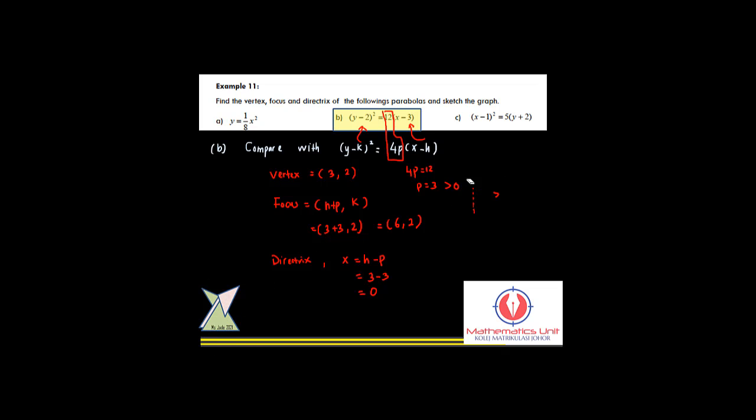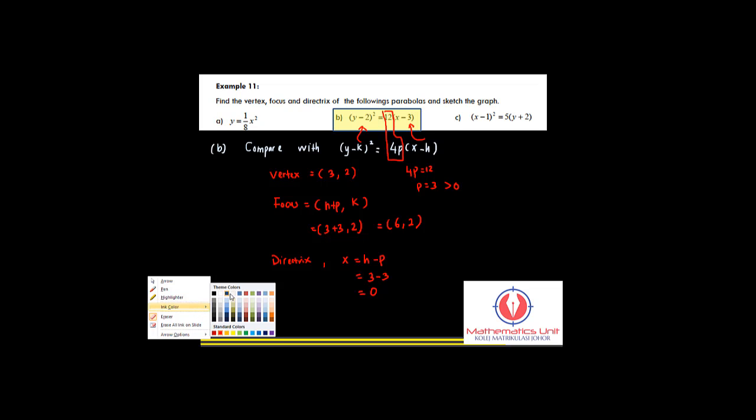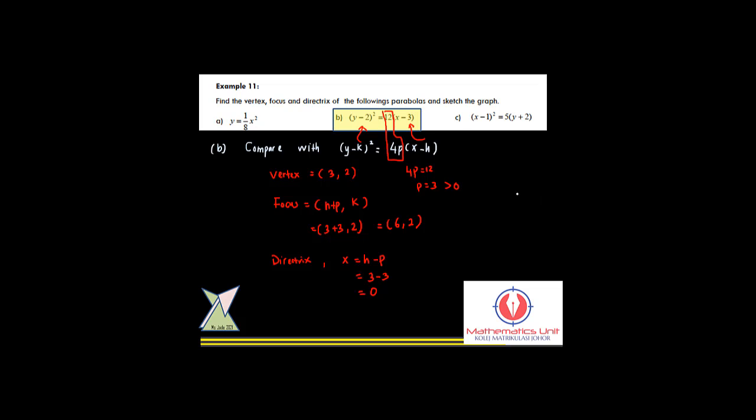Okay, so just now this is just a draft. Firstly, for sure, it starts with the shape open to the right. And this one, I just put a dotted line because it's (3, 2). Okay, x is 3, y is 2, and the focus point is (6, 2).